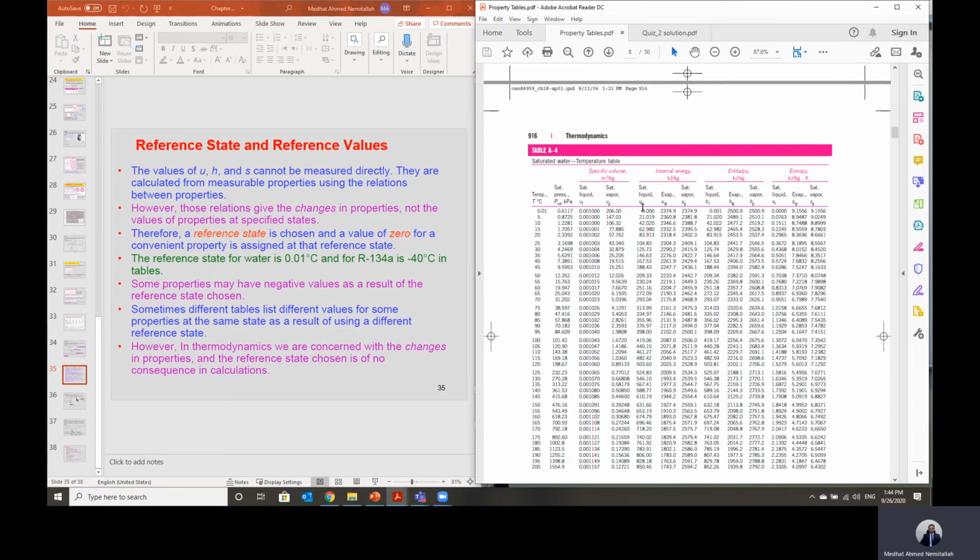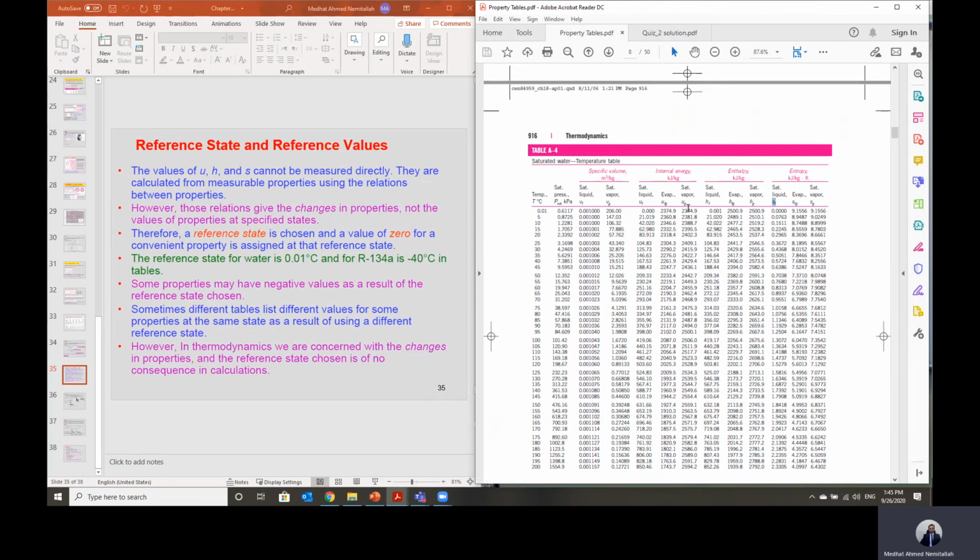But what about the values of internal energy, the enthalpy and the entropy? Those parameters we cannot measure. We don't have a device that measures the internal energy, or a device that measures the enthalpy, or a device that measures the entropy. Those parameters are calculated based on a thermodynamic relation, okay?